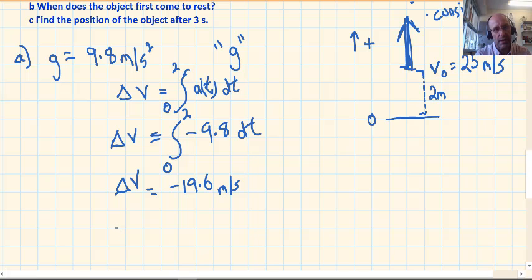In this particular case, for part A, after 2 seconds, the velocity is the initial velocity, which is 25, plus negative 19.6 meters per second. Okay, that's 5.4 meters per second.